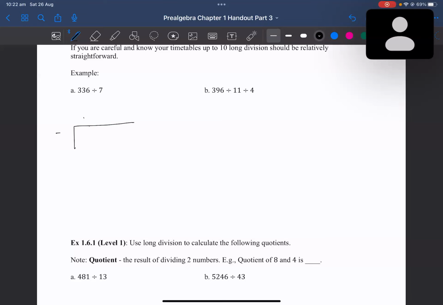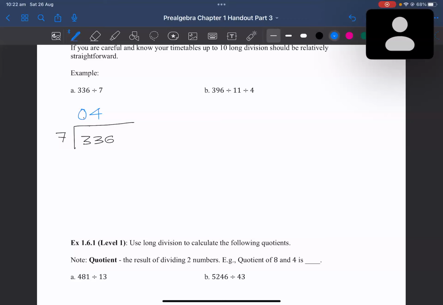So the answer to the first one we're going to go through now, 336 divided by 7. How many 7s are there in 3? 0, right? So we just move on. How many 7s are there in 33? 4. Good.